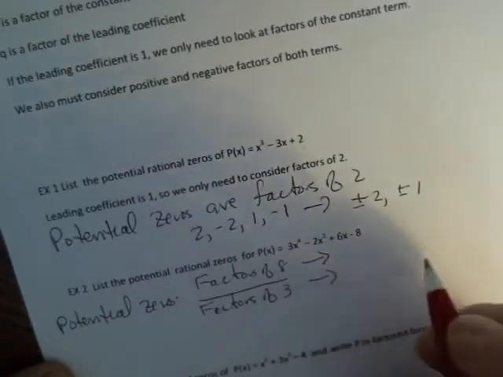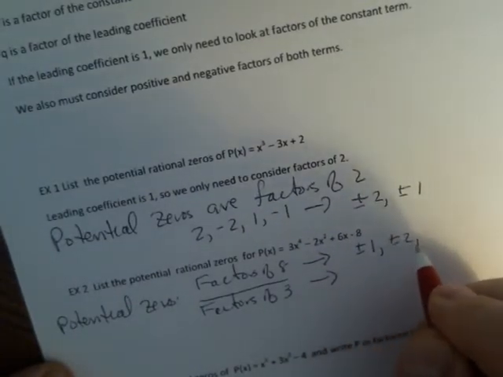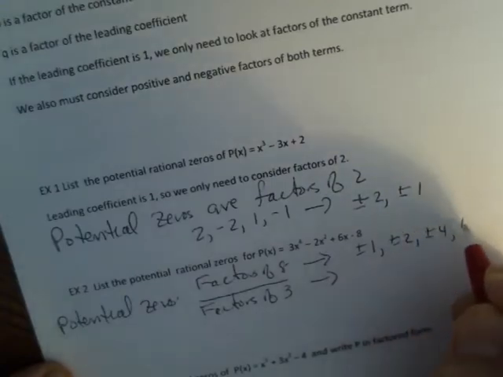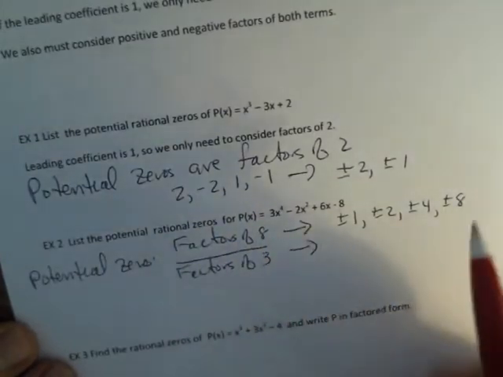So this would give me ±1, ±2, ±4, and ±8. These are all factors of 8.